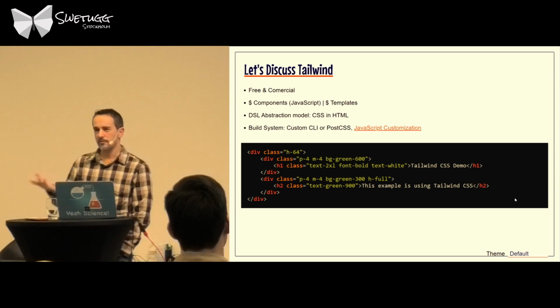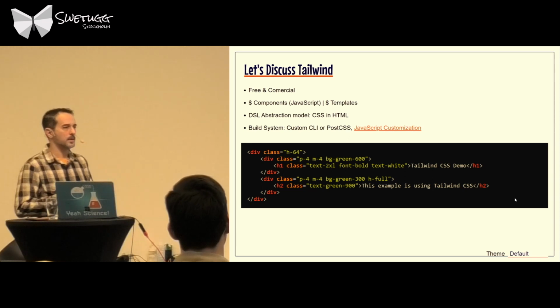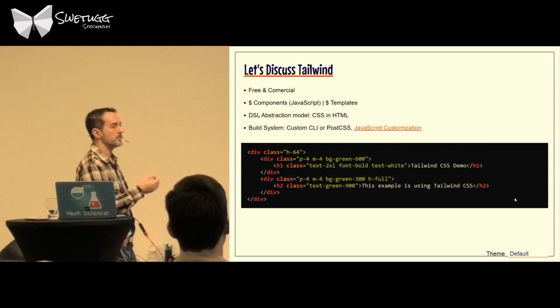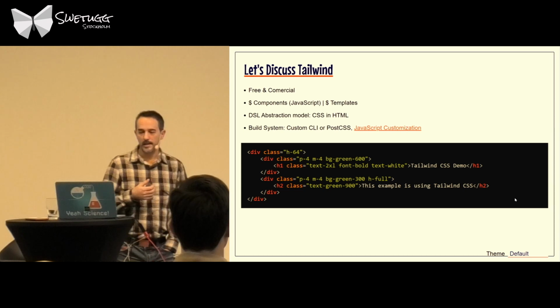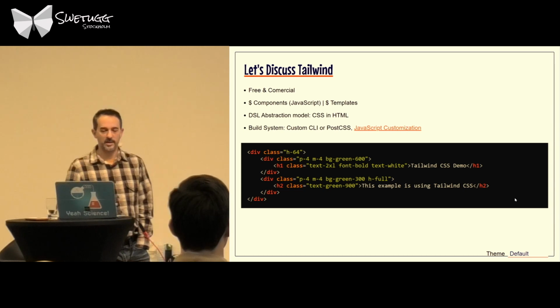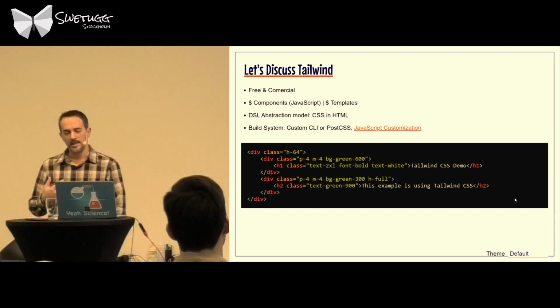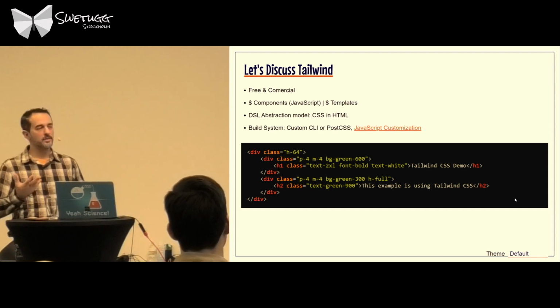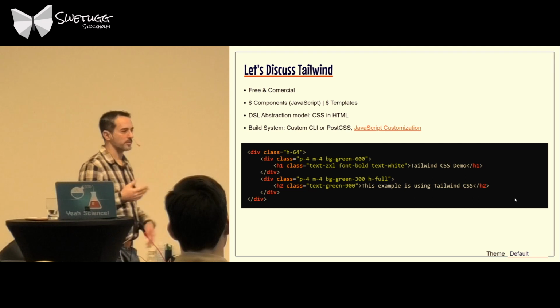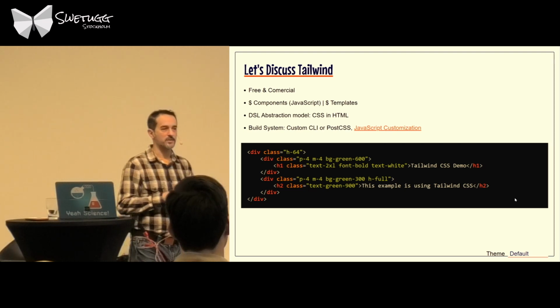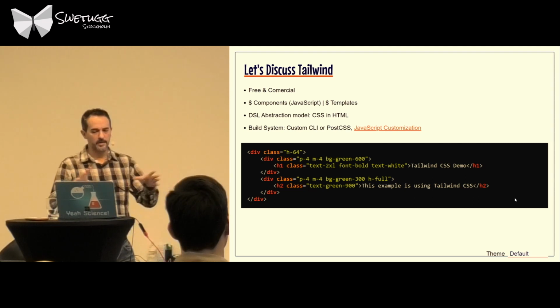Tailwind is generally free to most people. So it offers CSS utilities that are free. The framework itself is free, but there are additional components. I don't even want to call them components. They're more of a compilation of several components that are commercial.